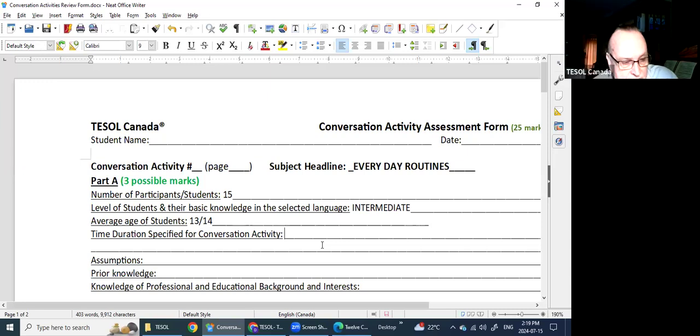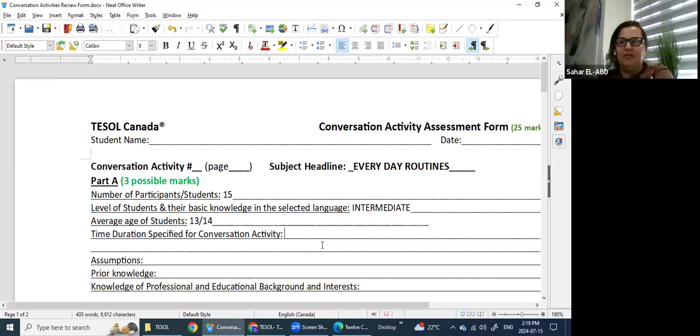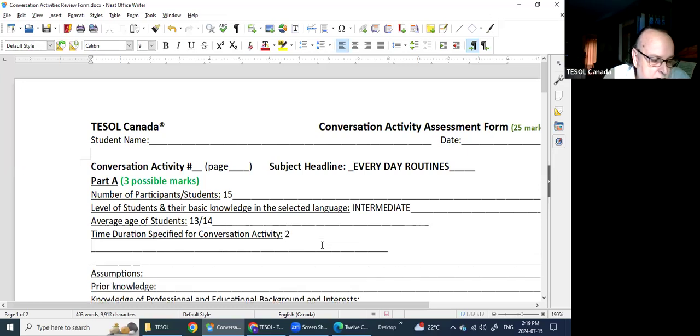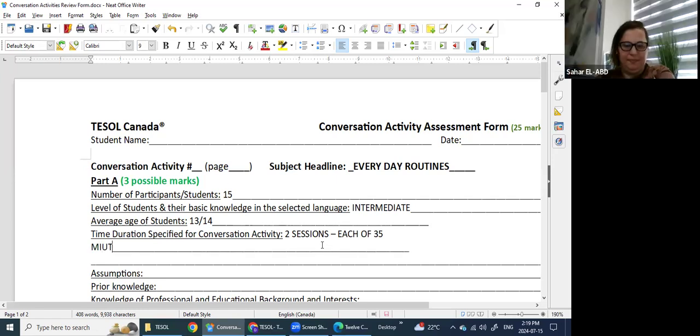It could be 2 sessions, if the students lack information, I mean. Of course. So we can say here 2 sessions, each of 35 minutes. Yes.